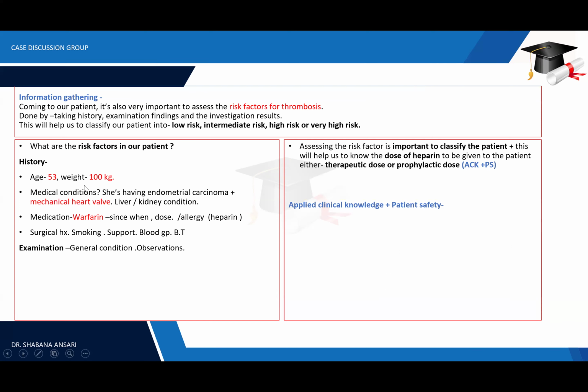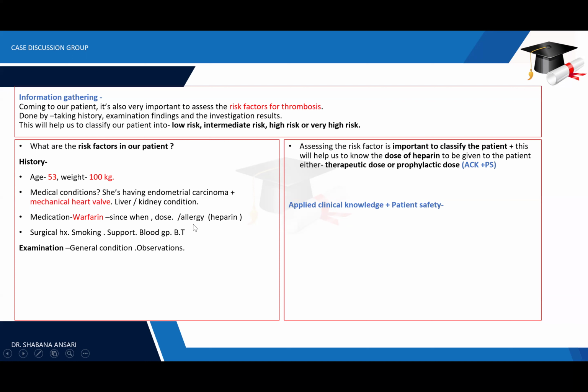Age is 53, weight 100 kilograms. What about the medical conditions? Yes, she has endometrial carcinoma, and also she has a mechanical heart valve, any liver or kidney condition, and she is on the medication warfarin. And we can ask since when she has been taking it, and the dose.